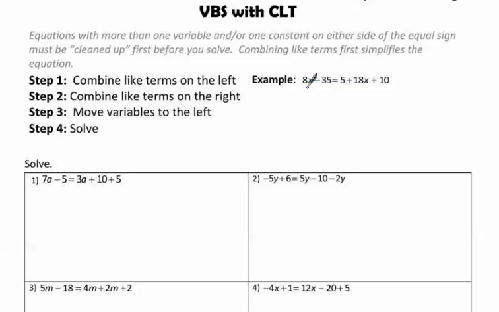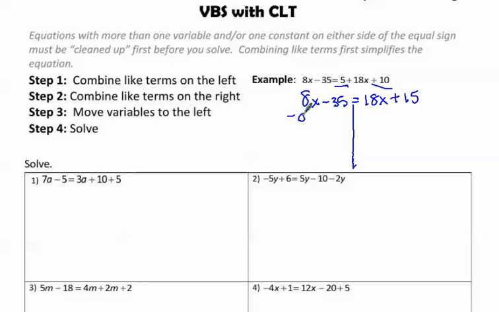In this example, 8x minus 35 is as simplified as it's going to get. However, 5 plus 18x plus 10, I can combine my two constants 5 and 10 to get 8x minus 35 equals 18x plus 15. Now I have a multi-step equation where I can move my variables around.